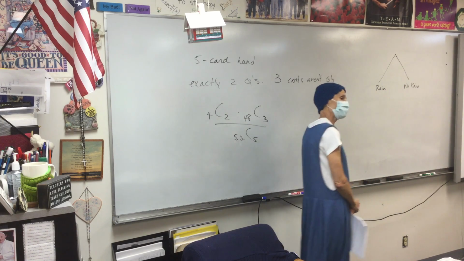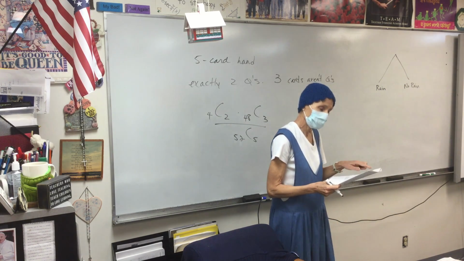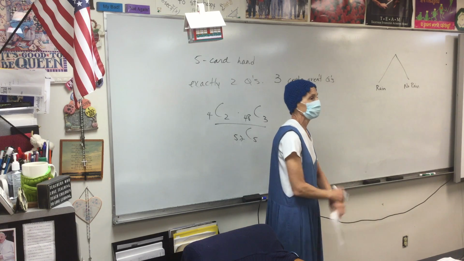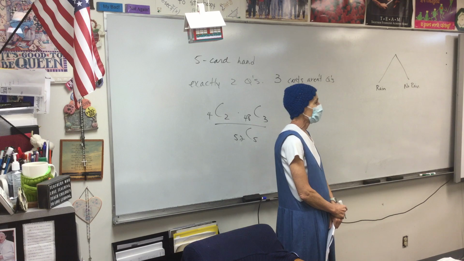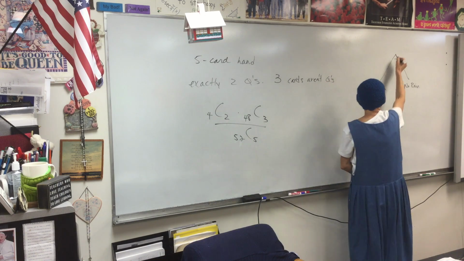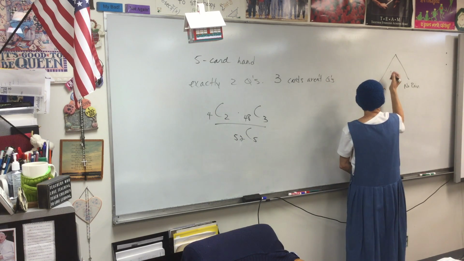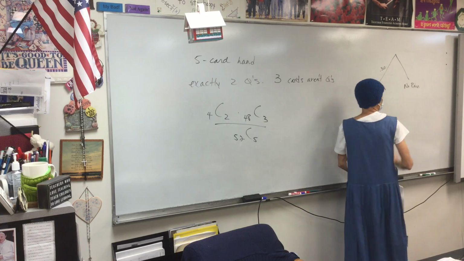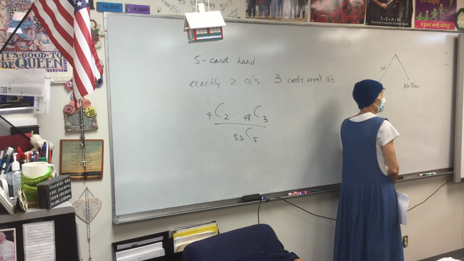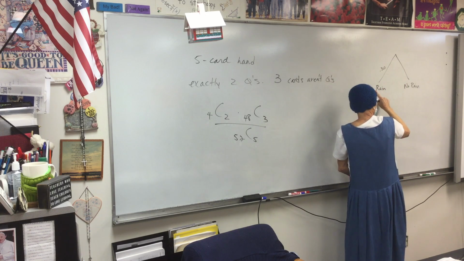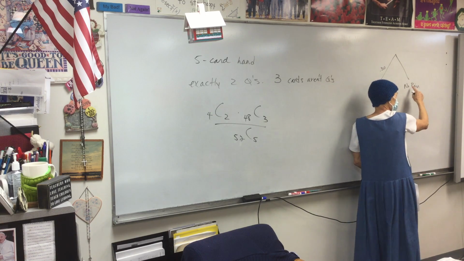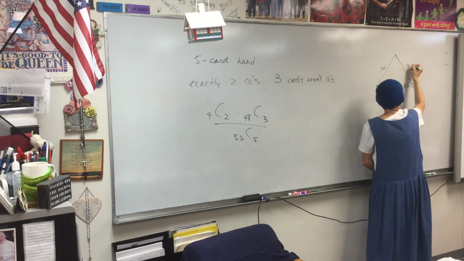Now, according to the problem, what is the probability that it will rain tomorrow? 30%. So on the rain branch, I'm going to put 30%. Now, if the rain branch is 30, what's the no rain branch? 70.